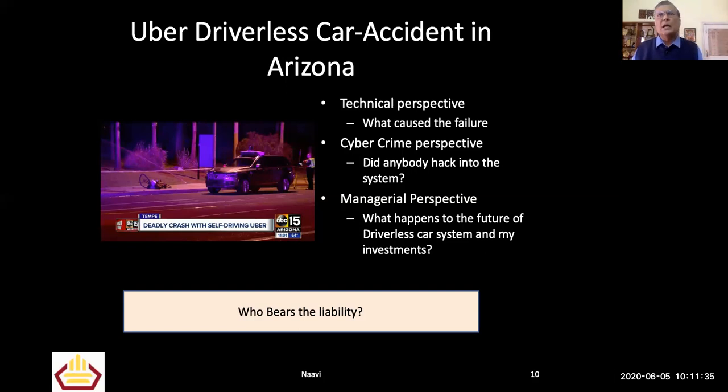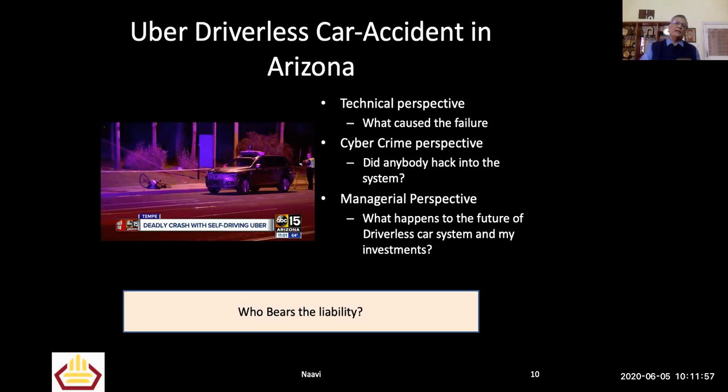He was just watching, and he is supposed to take control of manual systems if necessary. He also perhaps failed because the person crossed the road suddenly. So there was a manual failure and a technology failure. It resulted in a loss of life.